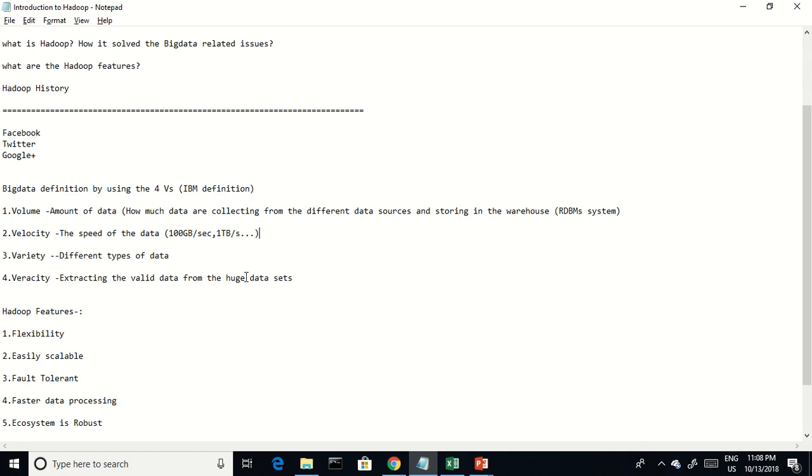Variety of the data means different types of data. It may include structured data, unstructured data, and semi-structured data. Structured data has some predefined schema. It is an organized way of collecting data, called structured data.